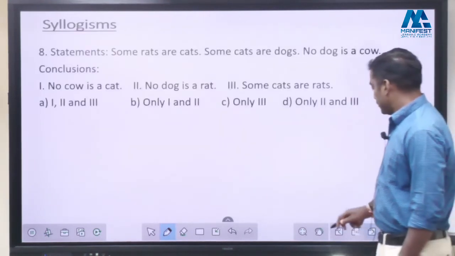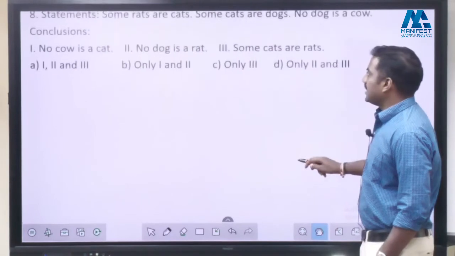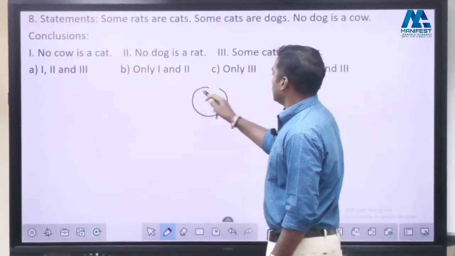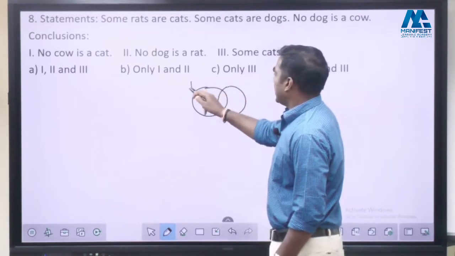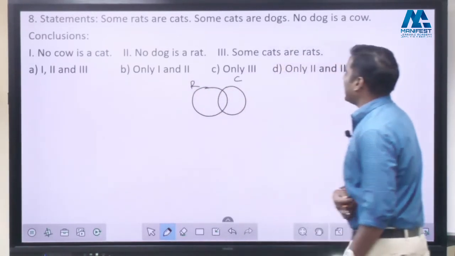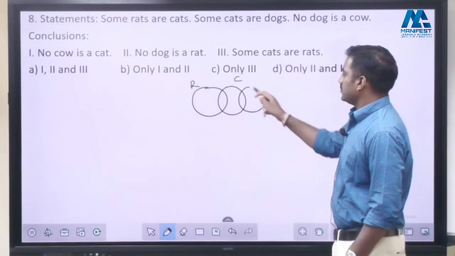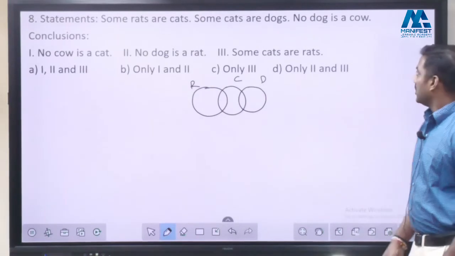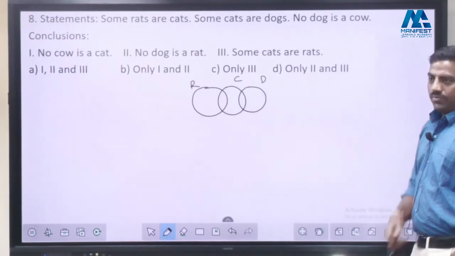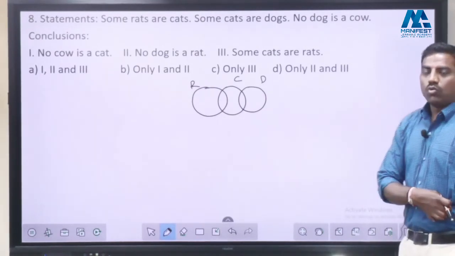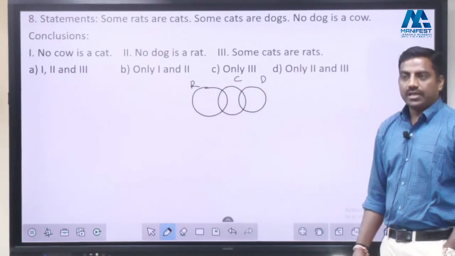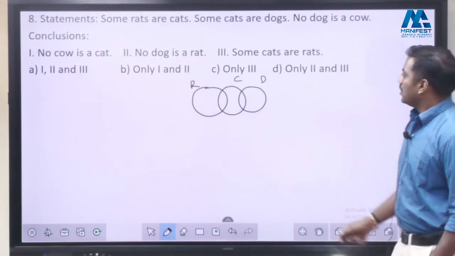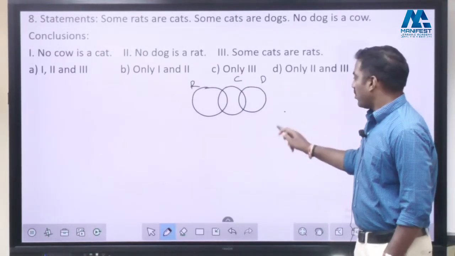Next. Some rats are cats. And some cats are dogs. Now, one more entity has come, that is cow. They are telling no dog is a cow. So, they have given only the exclusivity between dog and cow. So, where should I write cow now? Away from this one?